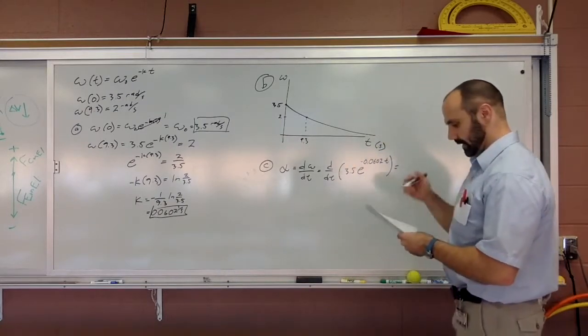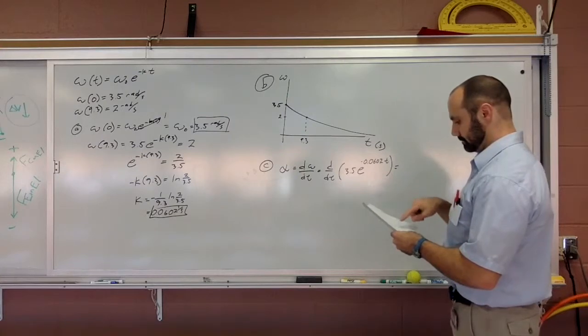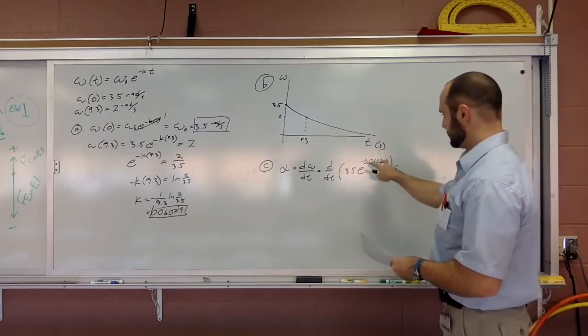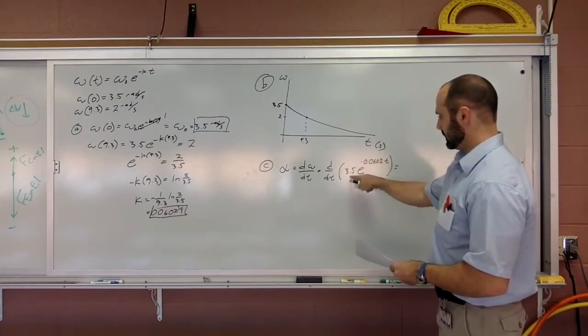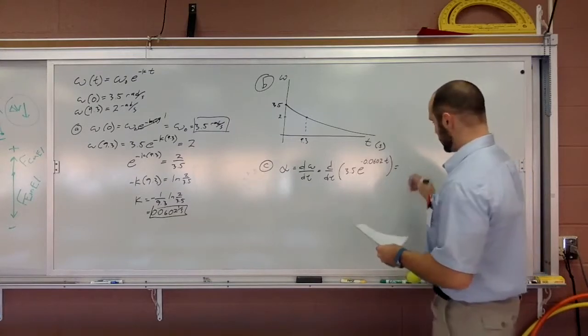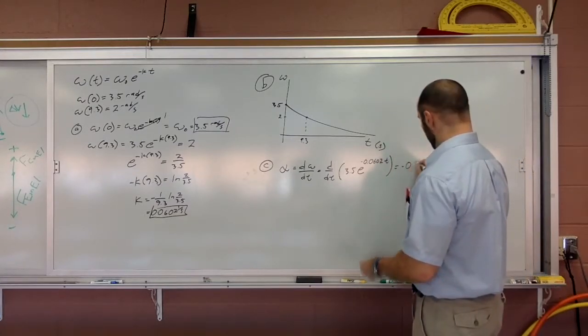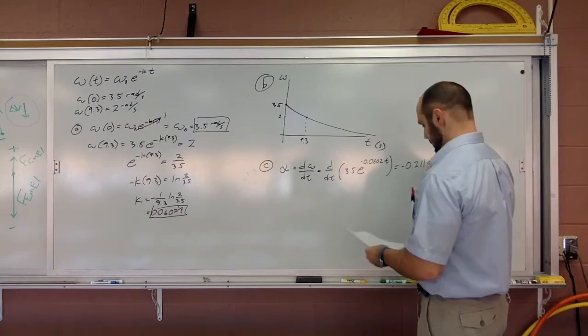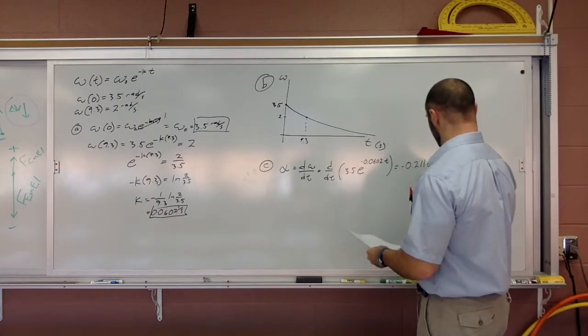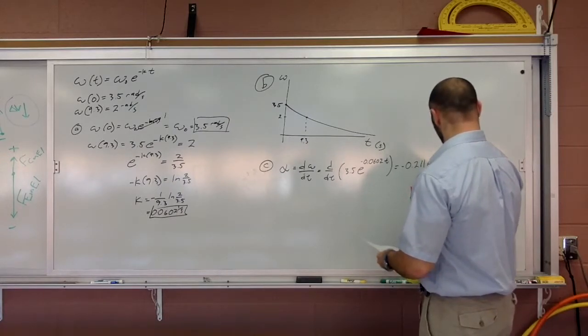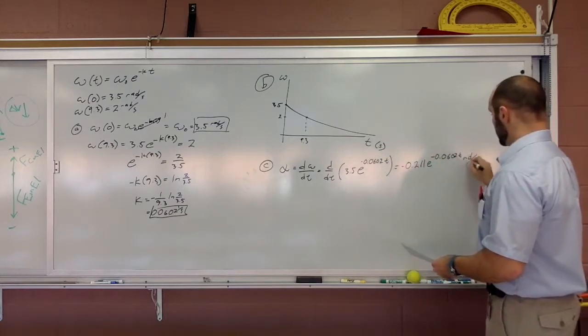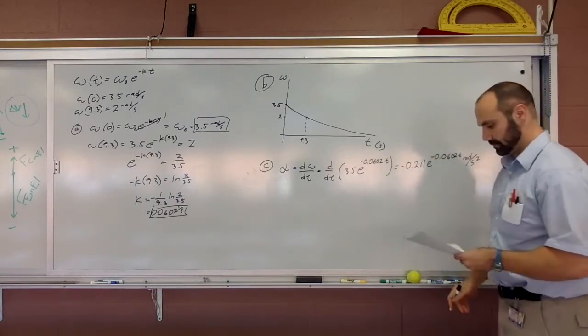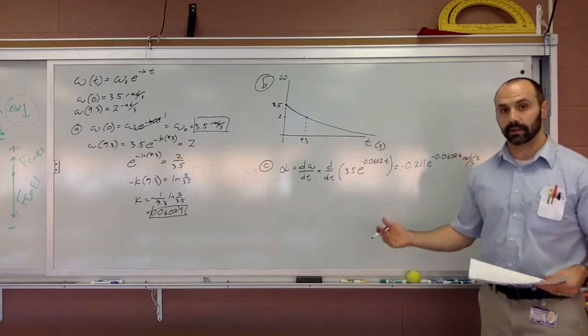Take the derivative of that, and this gets brought down, right? We multiply by that. So this ends up becoming negative 0.211 e to the negative 0.0602 t radians per second squared. And that's our angular acceleration.